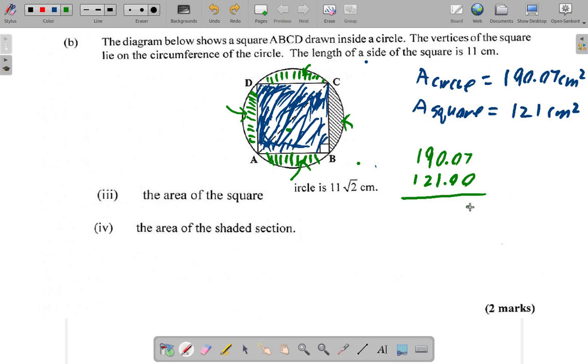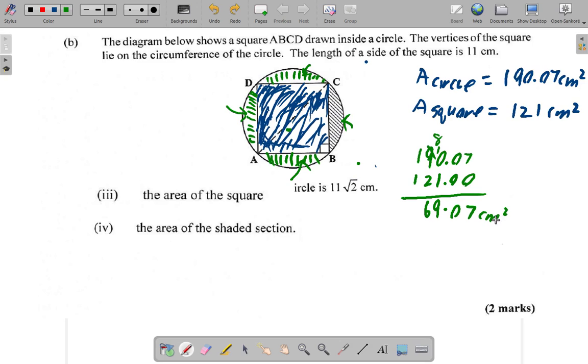So 7 minus 0 is 7, 0 minus 0 is 0. 190. 0 minus 1 will make this 9. This is 8 minus 2 is 6. 1 minus 1 is 0. So you get 69.07 centimeters squared as the remaining area.